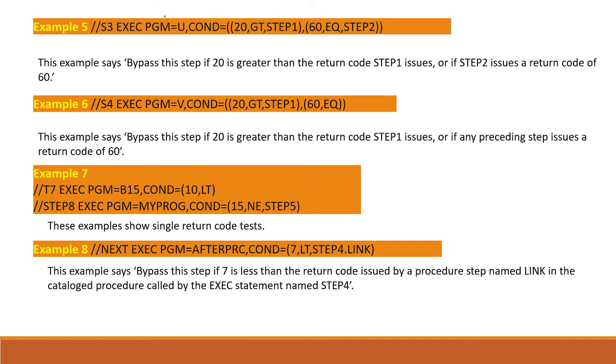And now we have the steps. I am showing the example for the steps. Like I have step 3 and the EXEC program, and the COND condition is checking 20 greater than or equal to the return code of step 1, and 60 equal to the return code of step 2.